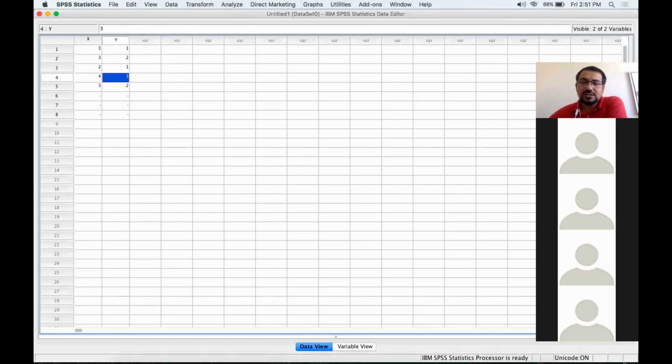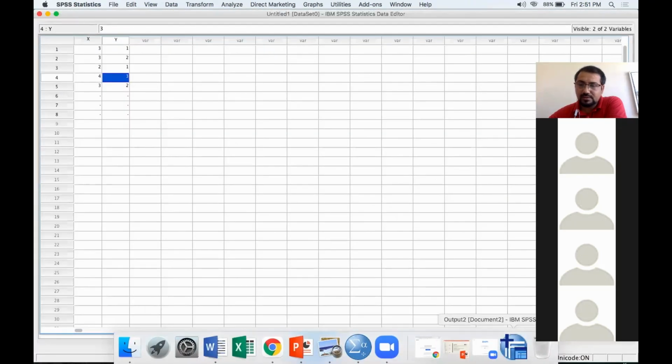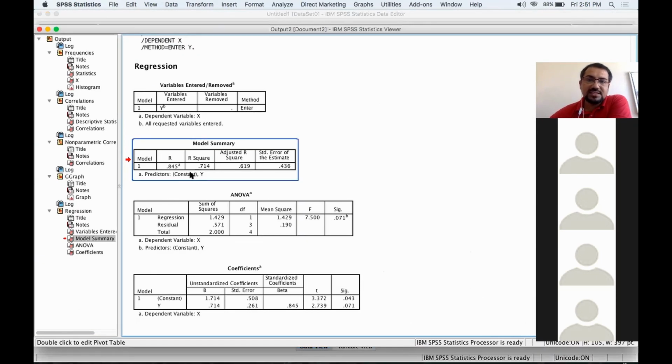So according to this data, what our regression actually says is that according to the figure it has calculated, because of the change in advertisement, there's a 71.4% change in the sale, actually overall sale.